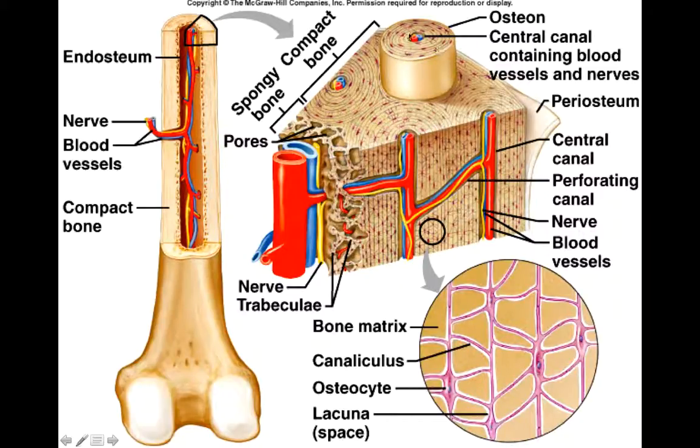The compact bone is made up of these concentric circles of tissue, and that's what gives it its longitudinal strength. And those are called osteons. So you have 1, 2, 3, 4 osteons here. Each osteon has a central canal through which you have blood vessels and nerves that could be running through it.